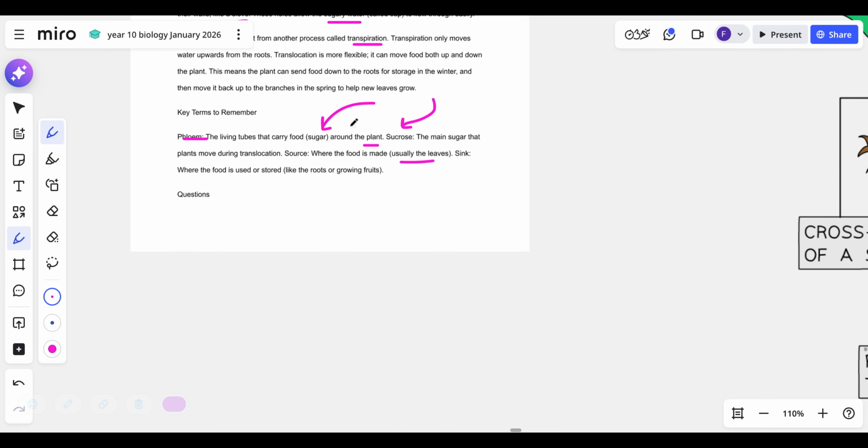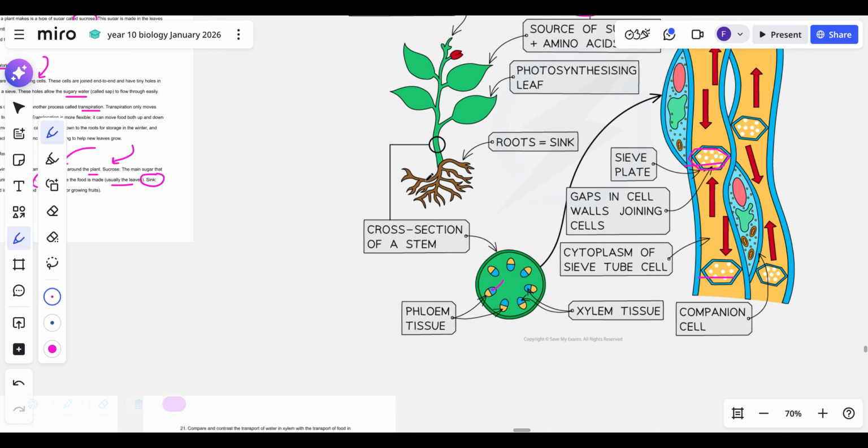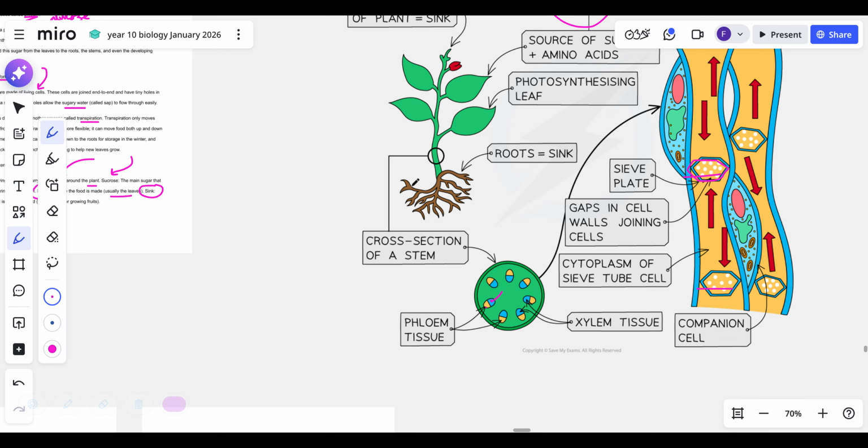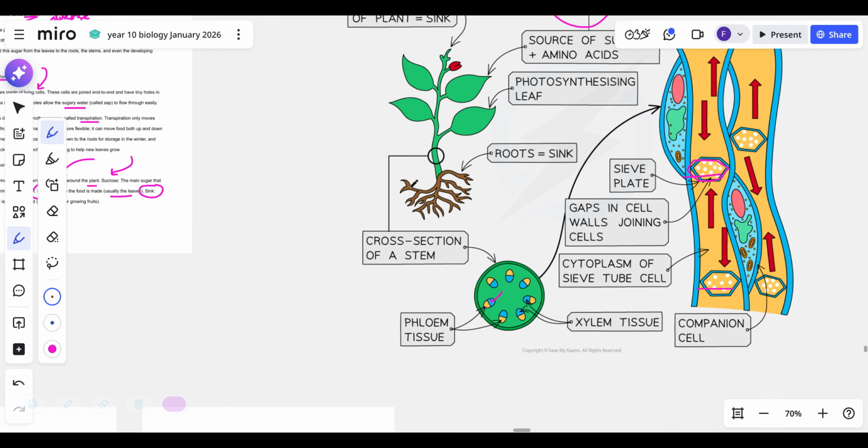And now what we're going to do is introduce two more words. One word is the source. This is where the sucrose is made. The sink is what needs it. And if we look at this, I'm going to change this to a potato plant. I'm just going to change the colour of here.